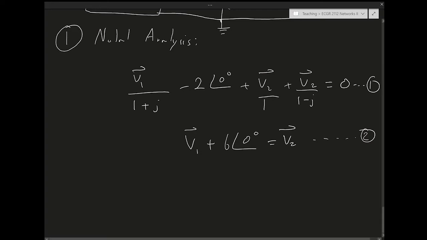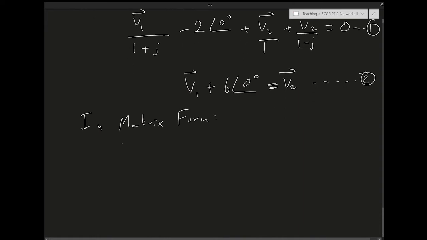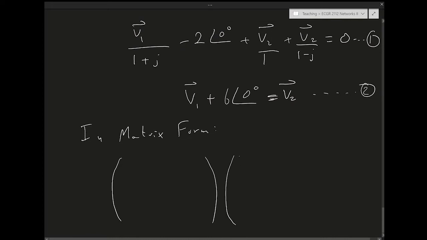So I can move the minus 2 to the other side. I can move the 6 to the other side. I can move V1 back to the left-hand side. Then I can write everything in matrix form. So in matrix form, I end up with this equation. So this is V1, V2 equals something.